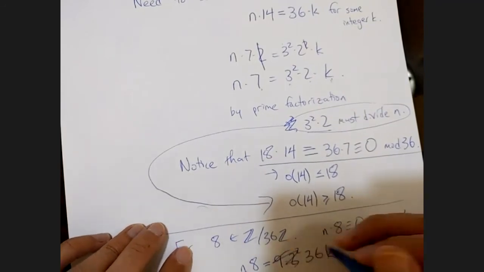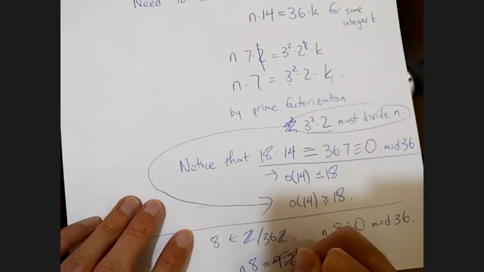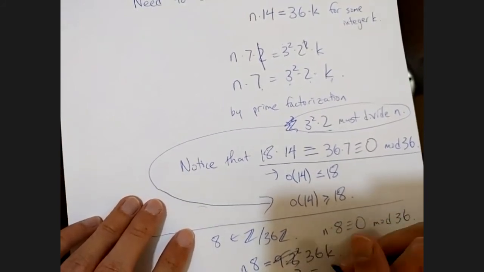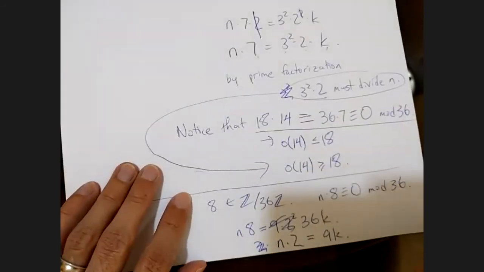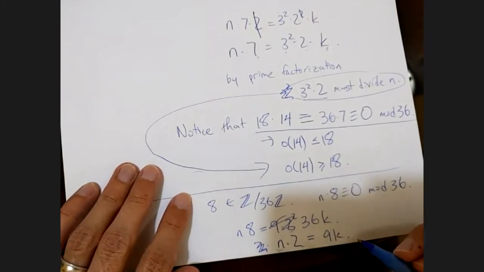Now, if we factor out a 4 from both sides, we have 2 times n equals 9k, where n is going to be the order of 8.